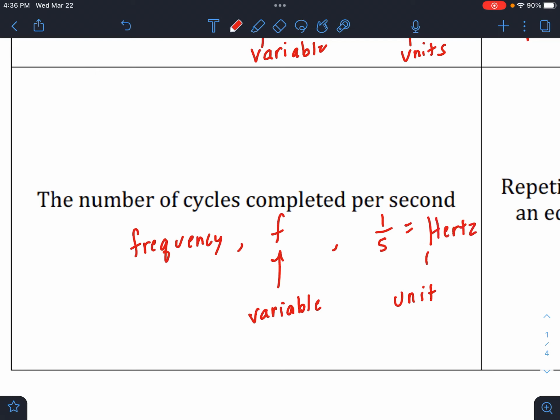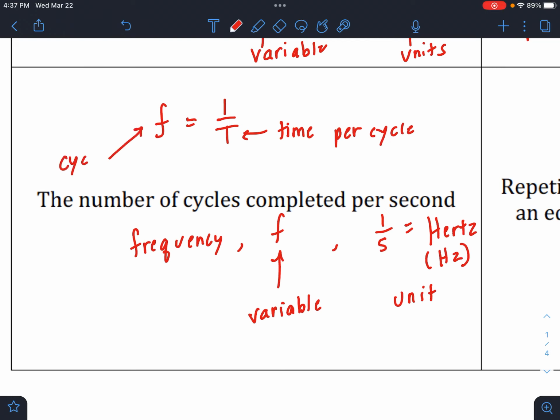And by the way, that's abbreviated as Hz. And it's worth knowing that frequency, which is the cycles per second, is the inverse of the period, which is the time per cycle, or the seconds per cycle, you could think of it as. Okay, so they are inverses.